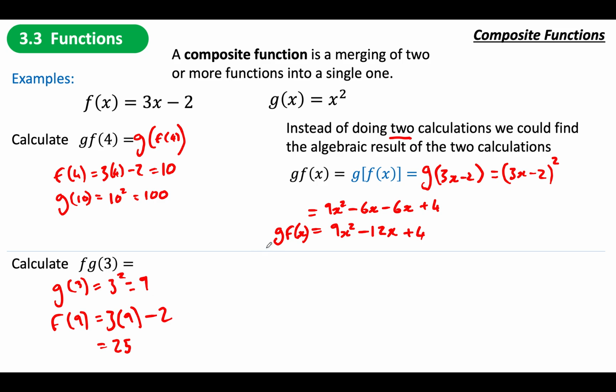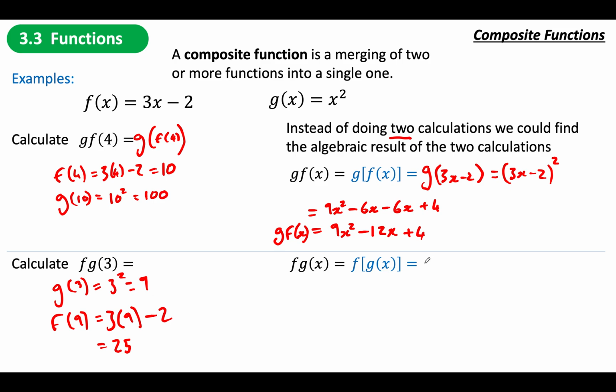But again, I could do it algebraically. I could work out what f of g of x is. Remember, it's putting this inside function, g of x, inside the function of f. I'm using square brackets there to differentiate it from those rounded brackets.